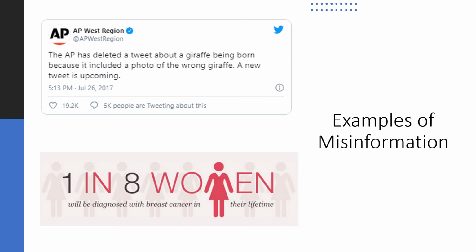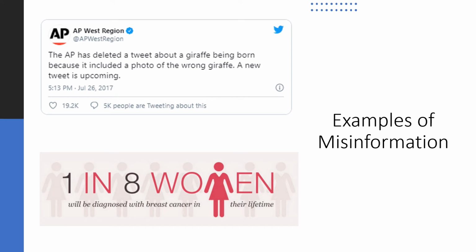So this statistic, unlikely that there was real intent to mislead, doesn't represent reality for the different stages in a woman's life. Instead, it is really that lifetime statistic if you live to be into your late 70s.